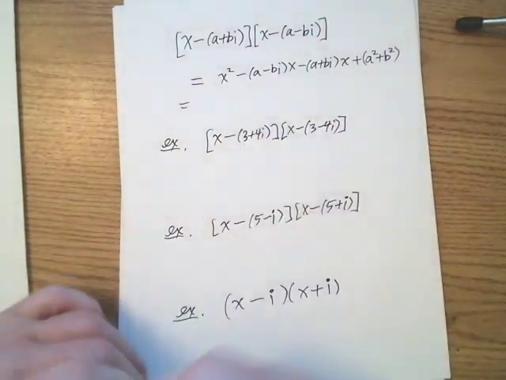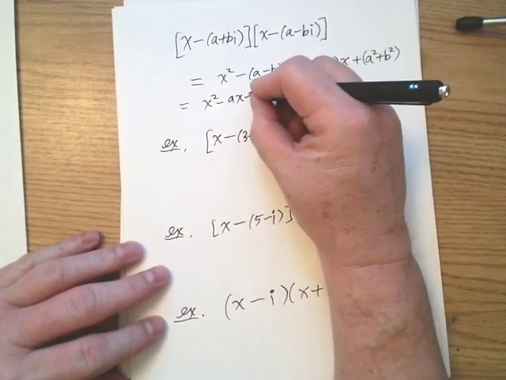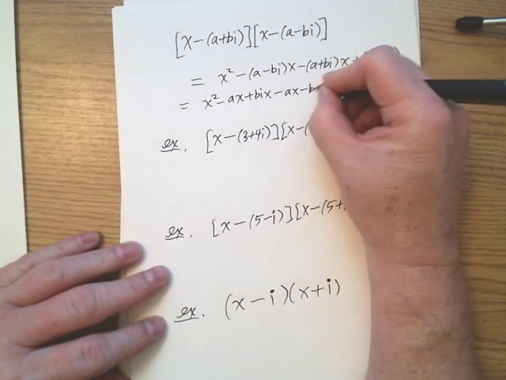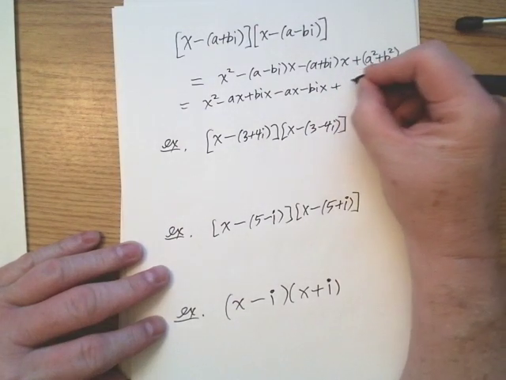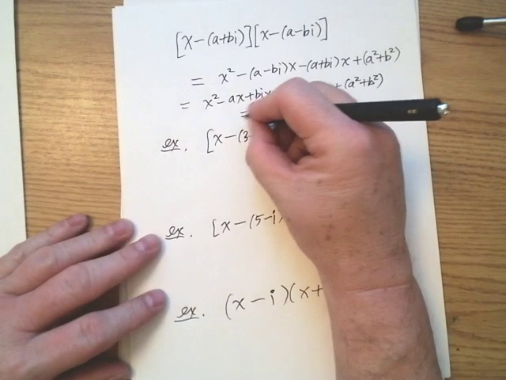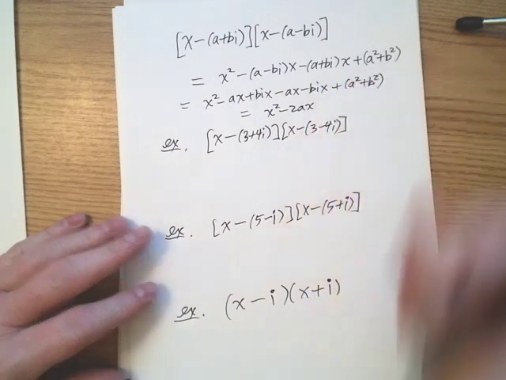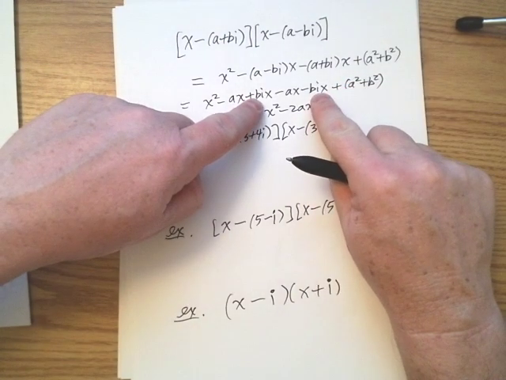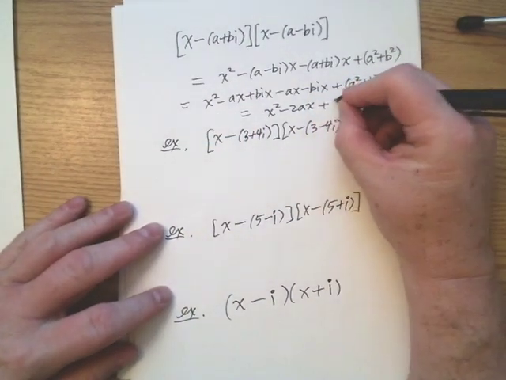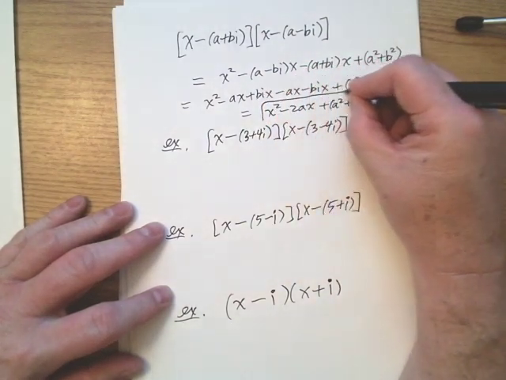What I want you guys to notice is what we've got is x squared minus ax plus bix, minus ax minus bix, plus a squared plus b squared, so that when we combine like terms, this ends up being x squared minus 2ax, the imaginary terms drop out. Notice they cancel because they have opposite sign, plus a squared plus b squared.